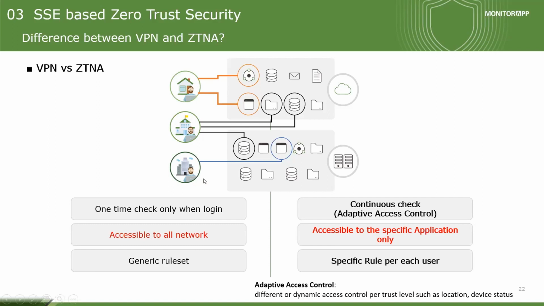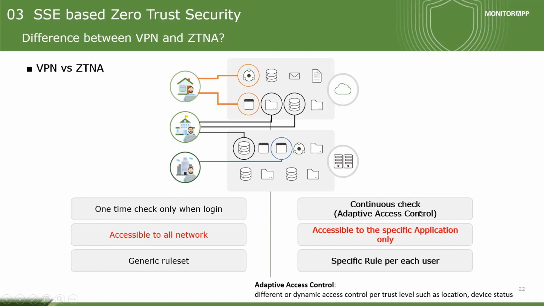And additionally, in general, in the case of VPN, there is only a one-time check at login, with ID and password, and MFA, something like that. But GTNA is based on zero trust. Basically, it provides a function for continuous checks.